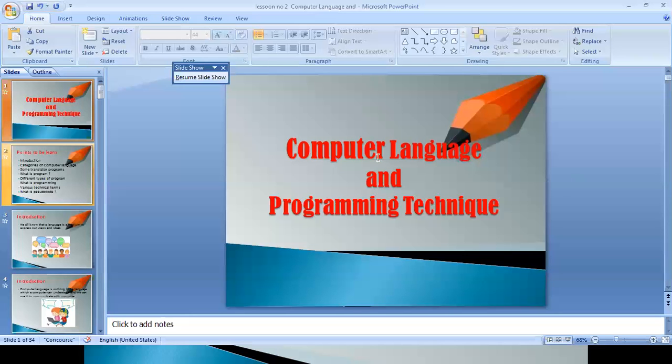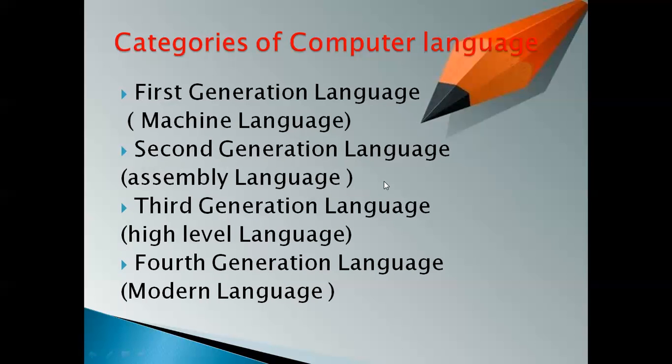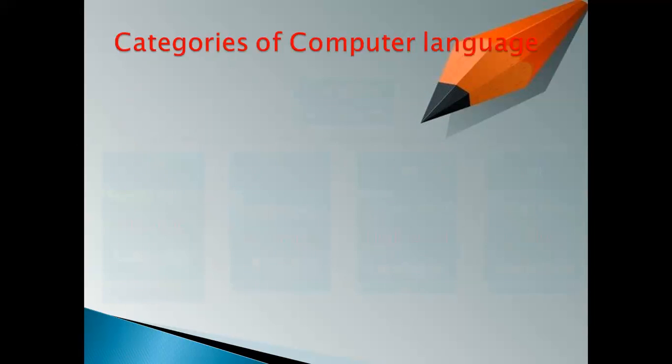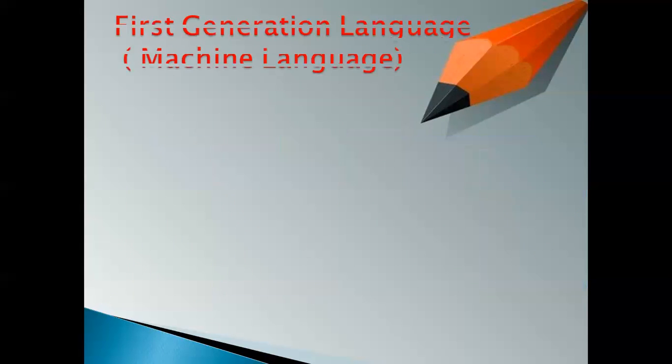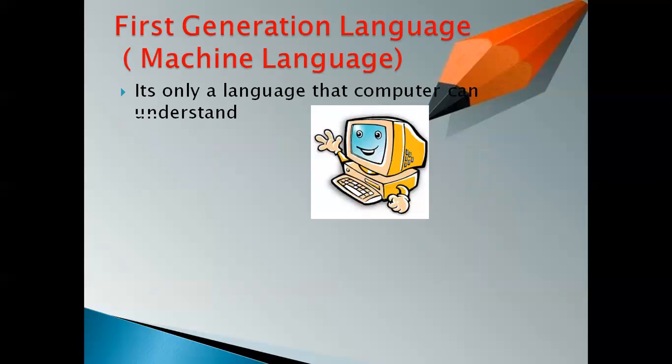First generation is machine language, second generation is assembly, third generation is high level, and fourth generation is modern language. So computer languages slowly and gradually got updated. But the very important and interesting fact is that the computer understands only one language, that is machine language, which uses binary form.